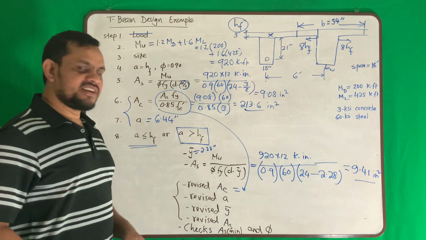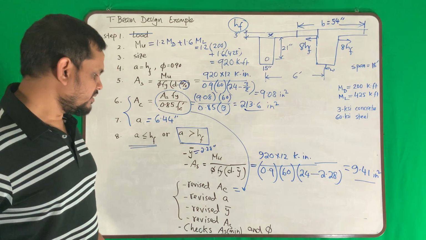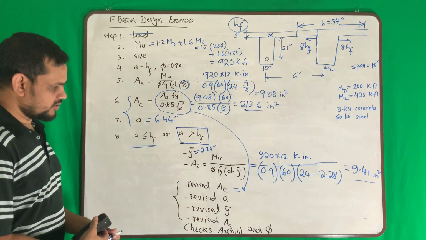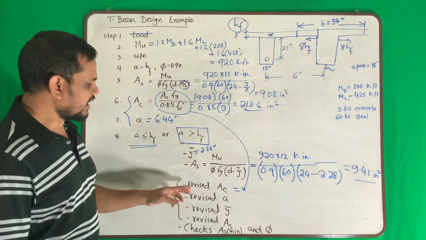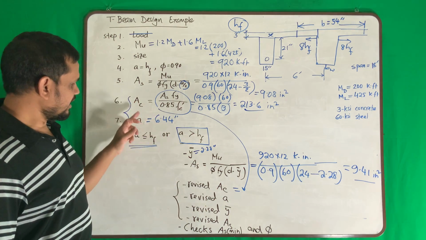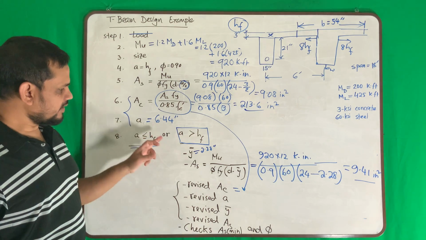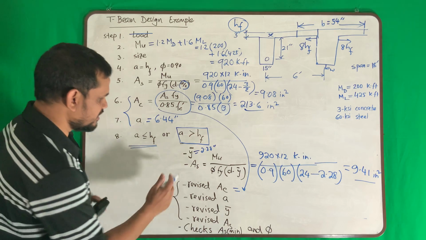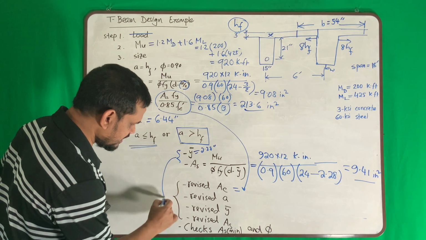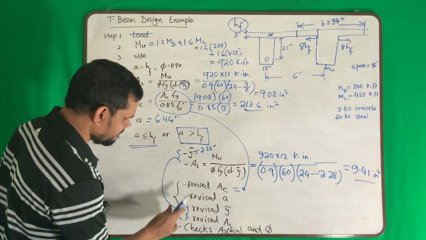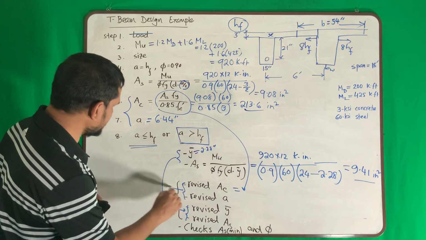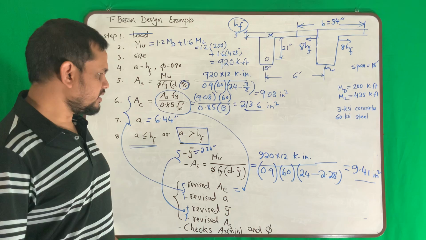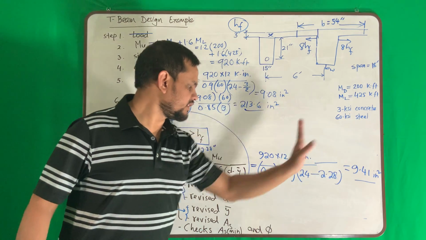But this time I will skip because that will not help me so much. Hopefully you understood what I mean, that I can revise my Ac, I can revise my a, then I can find my revised Y bar. So these two steps are here, and these two steps are here. So we can repeat these steps to fine tune it. So now I will go with this.